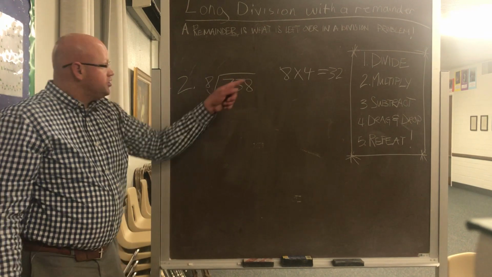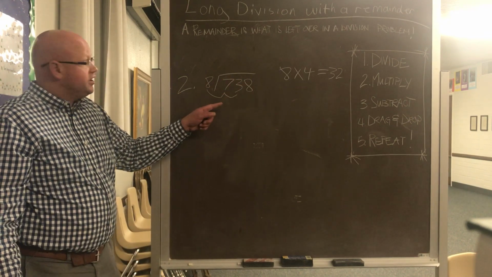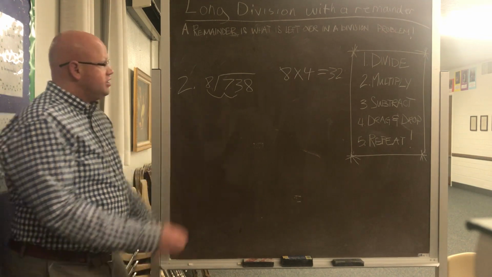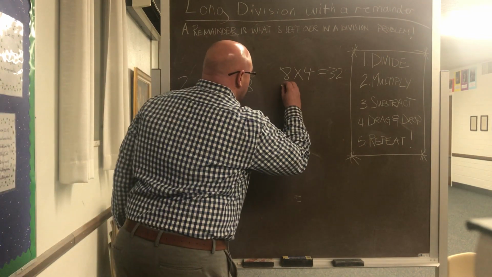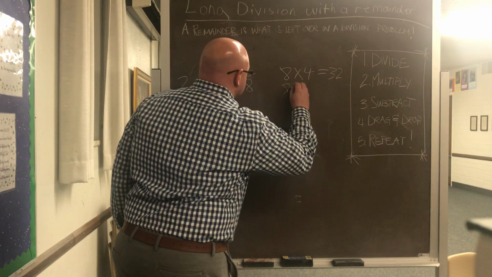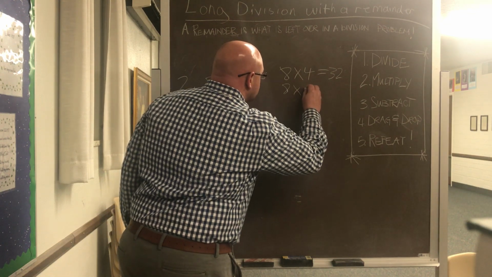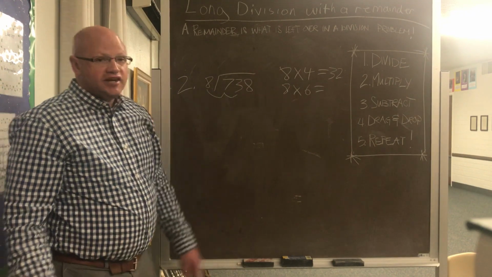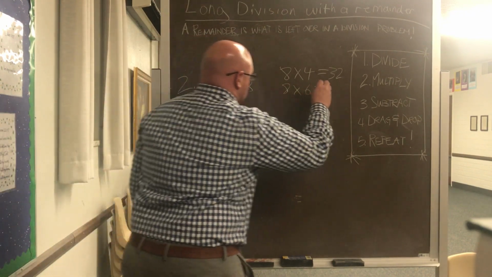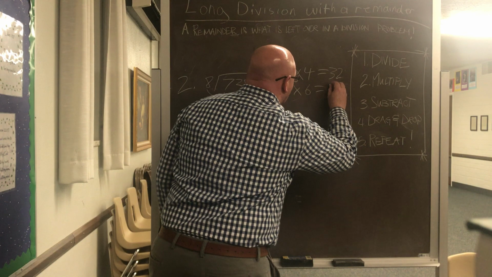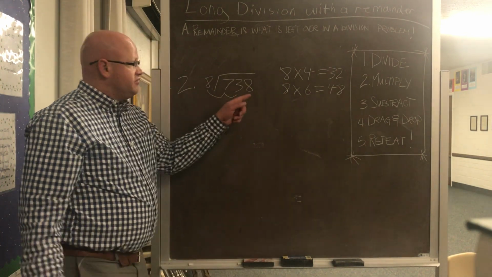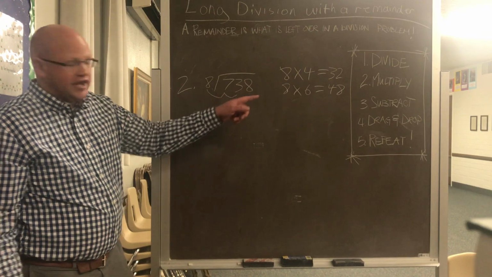So 32 will go into 73, but there's a big gap between those two numbers. So let's try 8 times 6. 8 times 6 is 48. 48 will go into 73, but still there's a gap.